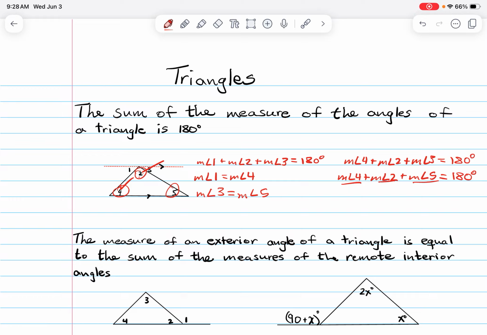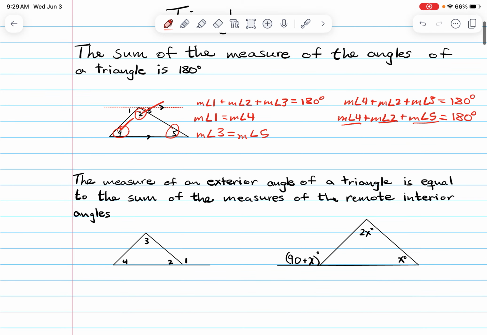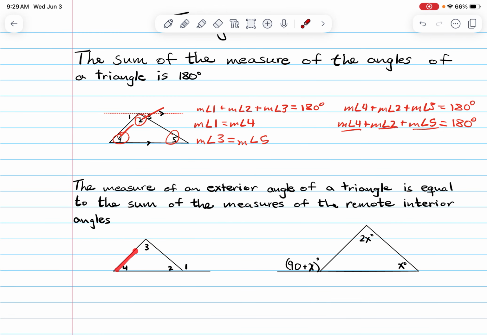So we've got that. Now, let's move on from that and see if we can make any more observations here. If we take a triangle and extend the side, like this triangle here, if I extend one of those sides like this, I get another angle formed here.